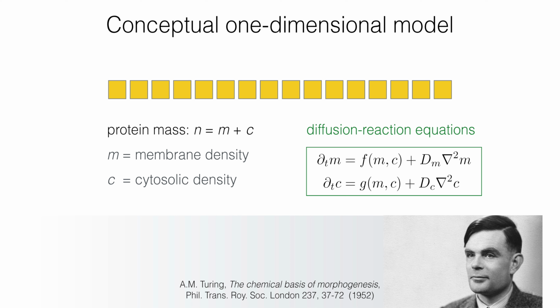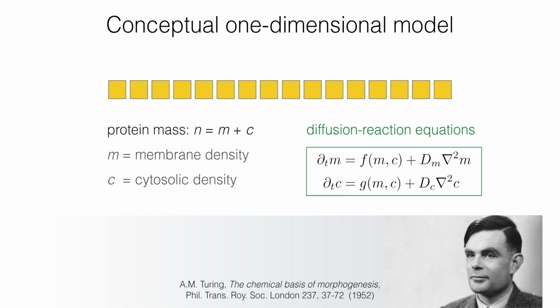And it's also the advent of people working on pattern formation in biological systems. And that's why many of the patterns that we see were named Turing patterns after this really groundbreaking work by Alan Turing in 1952.